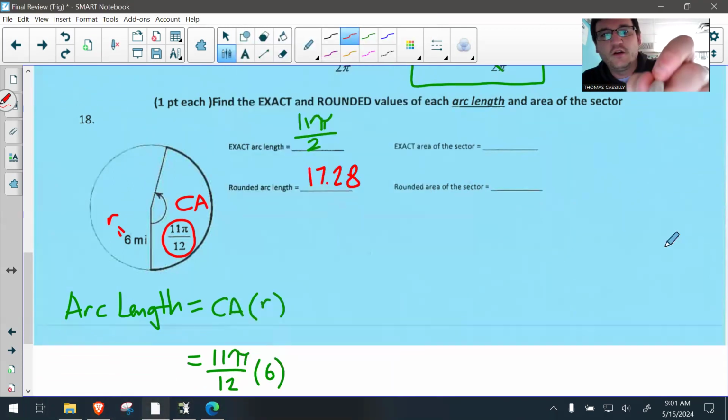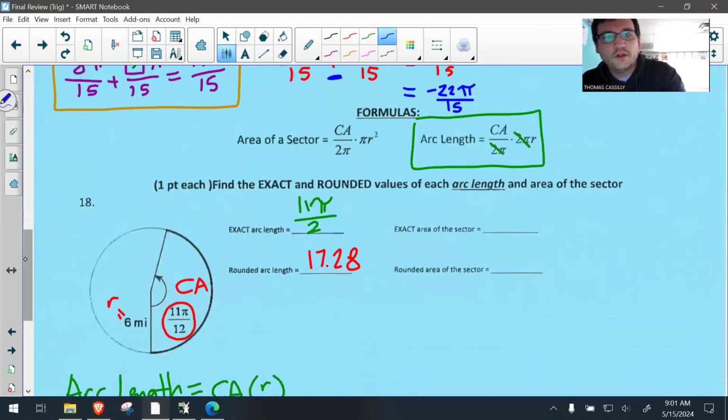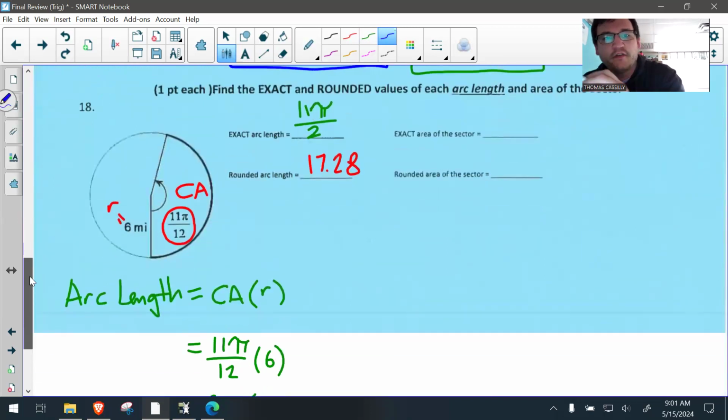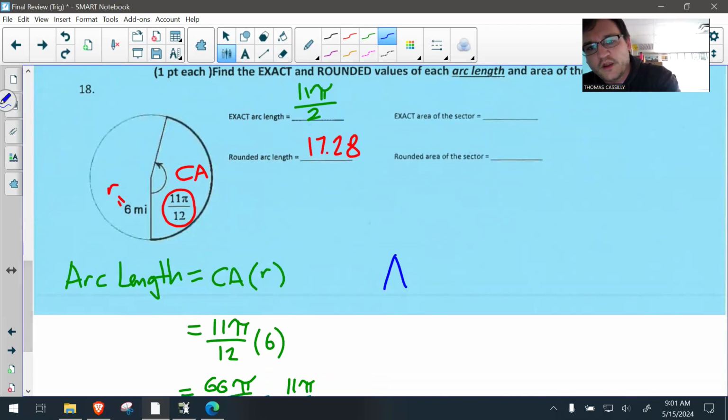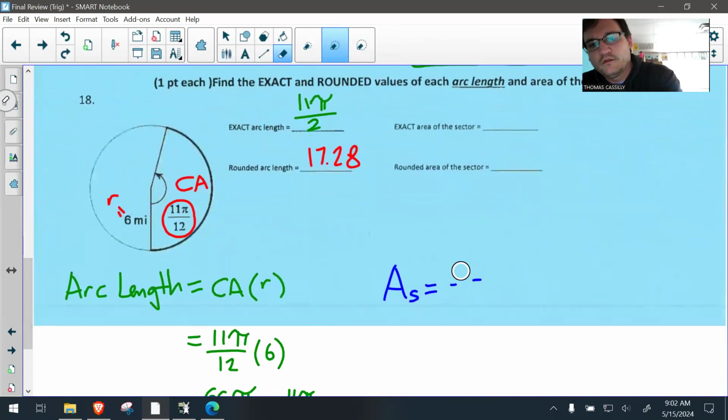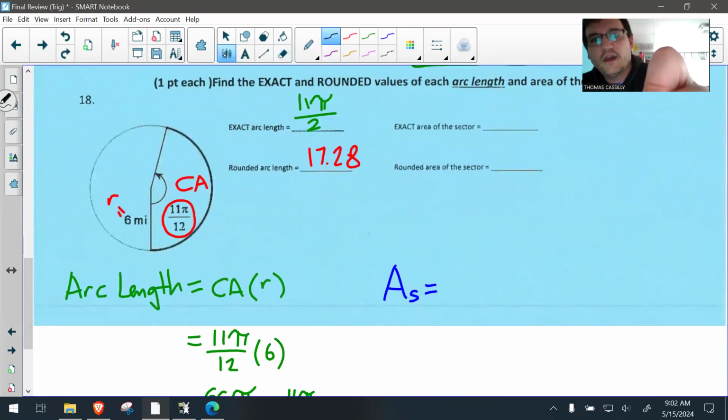And then the area of the sector. If we look at this formula now, notice how the pi's cancel out. So the area of the sector, I'm going to abbreviate that as A, like for area, with a little s for sector. That equals 1/2 times the central angle times the radius squared.